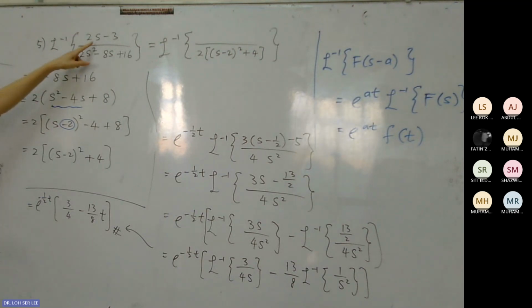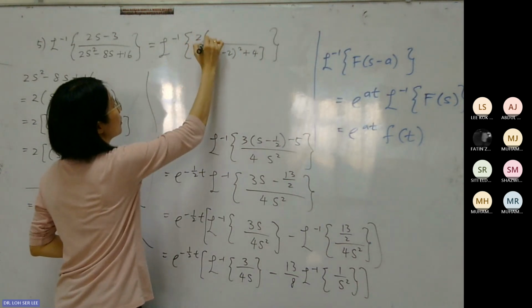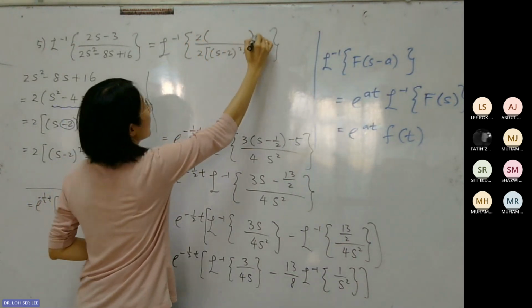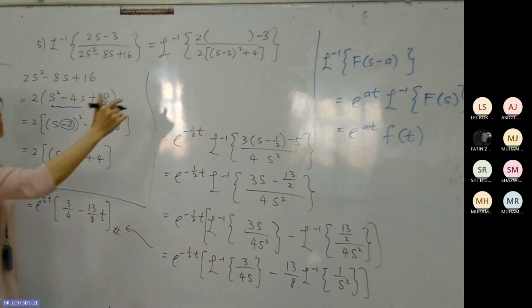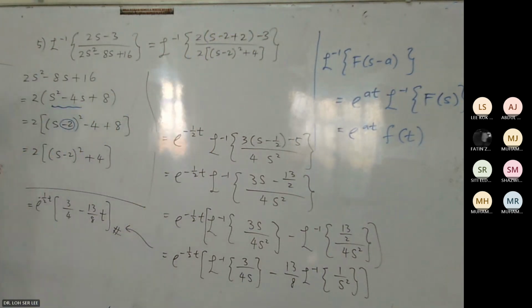And we have an s at the top. So we want to come up with the s minus 2 for the s at the top. So 2s minus 3. Okay, we form the s minus 2 at the top. S minus 2 plus 2.